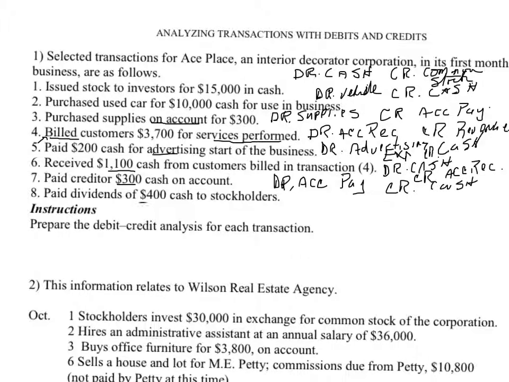And lastly, I paid dividends. I give the shareholders back some of the money I've earned, and that is a decrease in shareholders' equity, so dividends are debited. Debit dividends, and credit cash. And there we have it for Ace the Place. We'll move on to the next one.